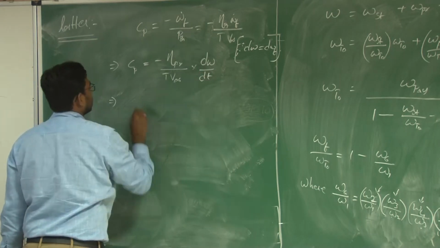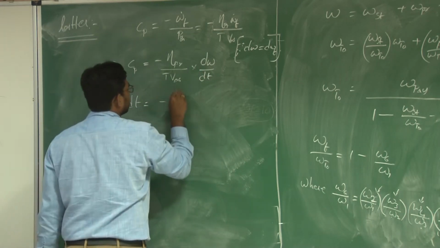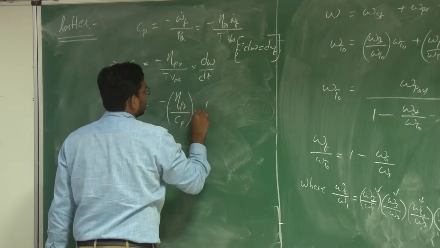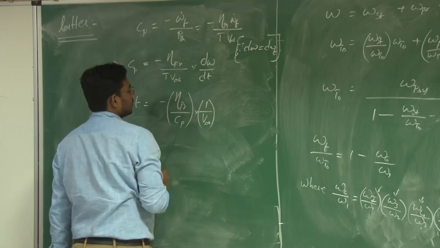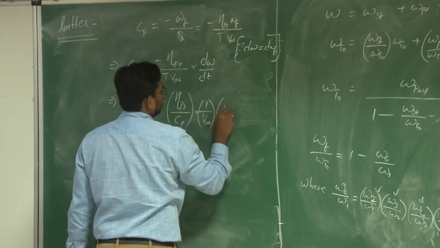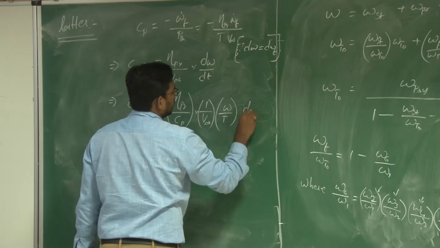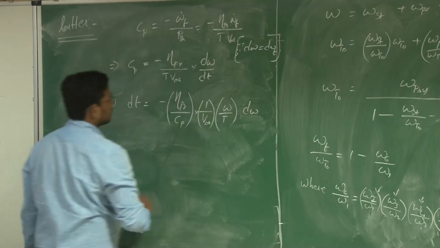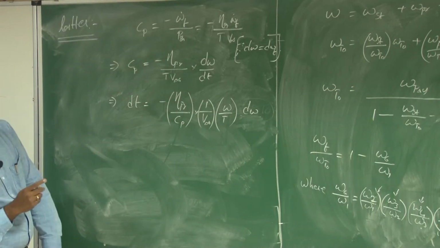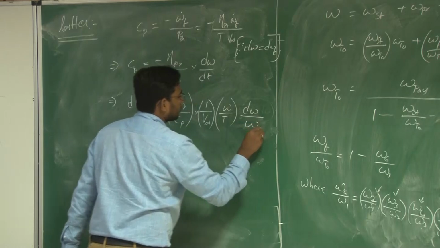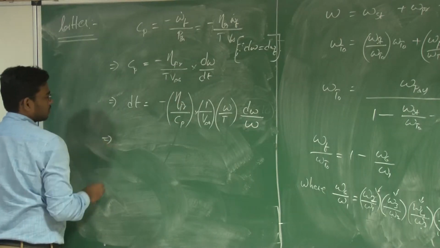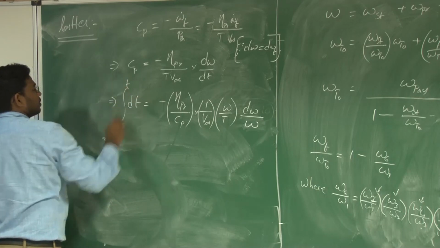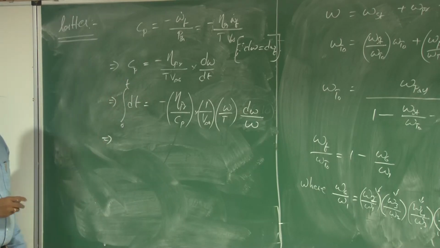Since dW is equal to dWf, you can write eta into dW by dt. So dt is equal to minus eta of the propeller by Cp into 1 by V infinity into W by T into dW by W. So in order to get the endurance, I have to integrate it over the time 0 to T, right?